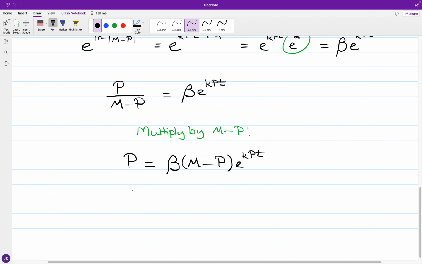And looking at distributing, you have P is equal to beta M times e to the kPt, minus the constant beta times P times e raised to the kPt.